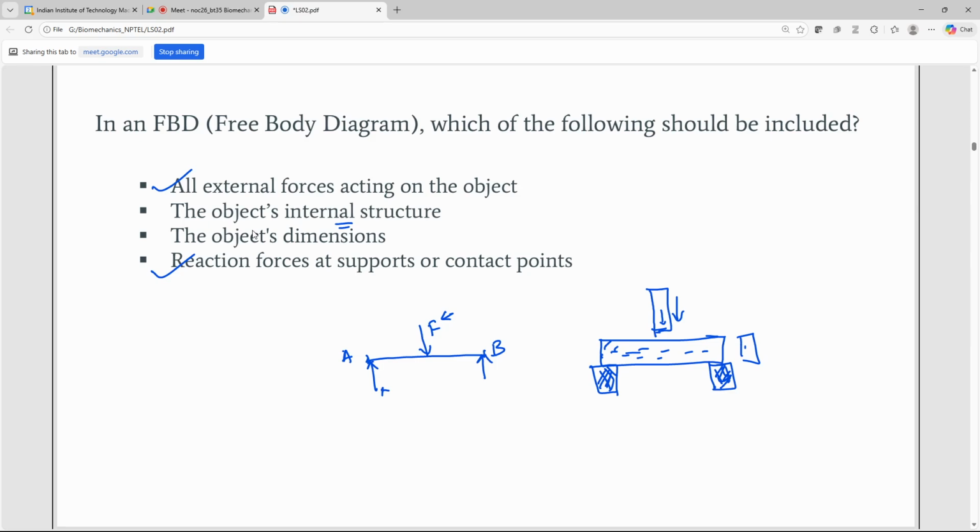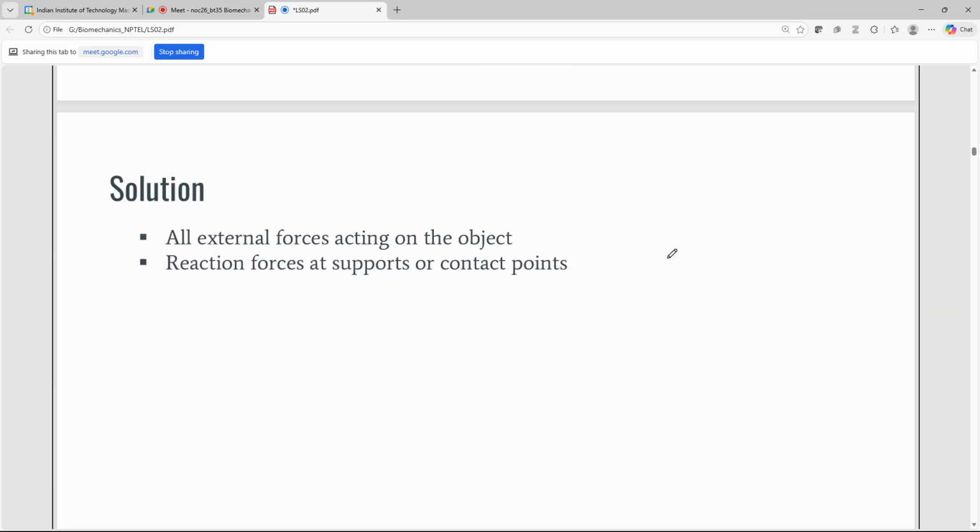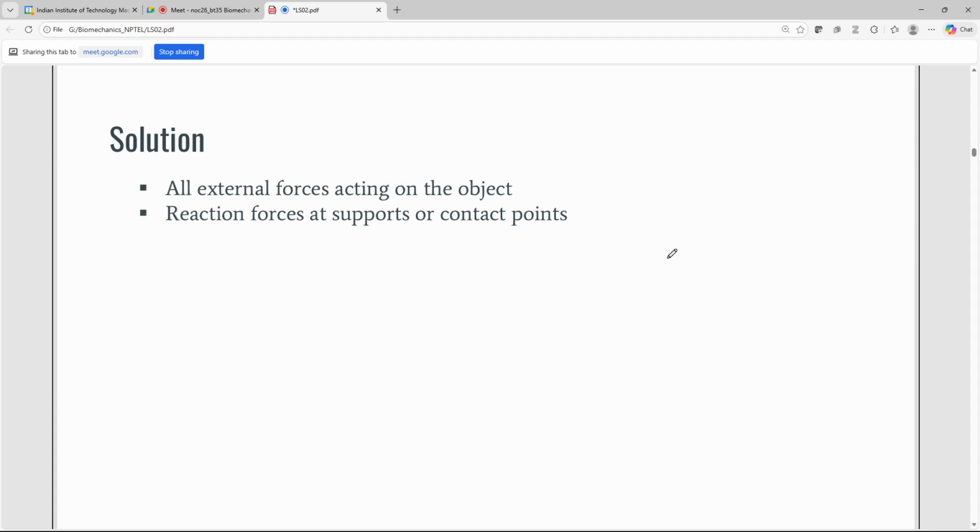I have mentioned in the last session also, in NPTEL exams, there will be multiple answers for a particular question. There won't be any mention of that in the question. So always, if you feel more than one answer is correct, try to click on the other option.